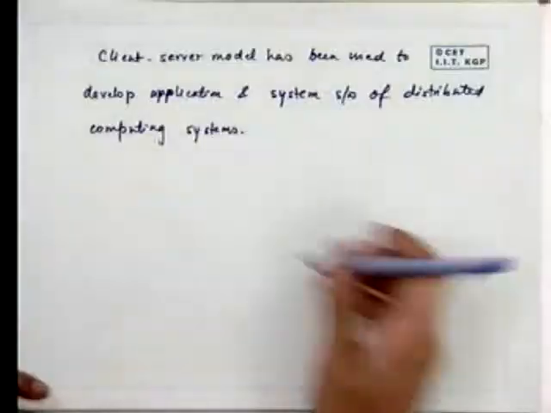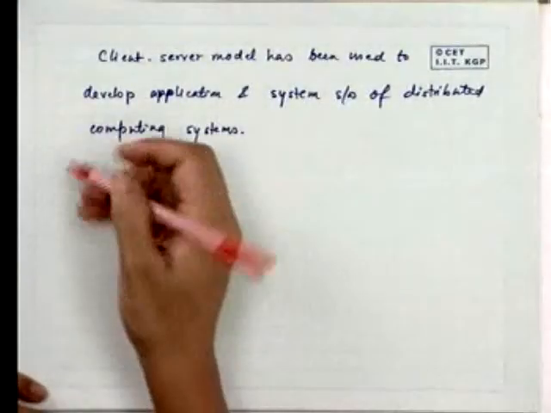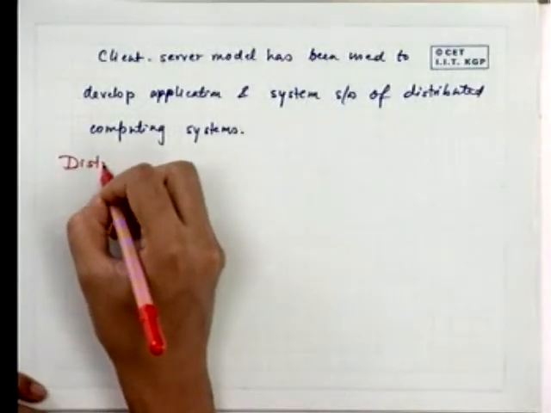Now we will look at some of the issues which led to the client-server model. The model of distributed computing which came into being from the 80s to the 90s created the possibility of sharing information and also sharing of peripheral resources. So the characteristics of distributed computing systems are as follows.